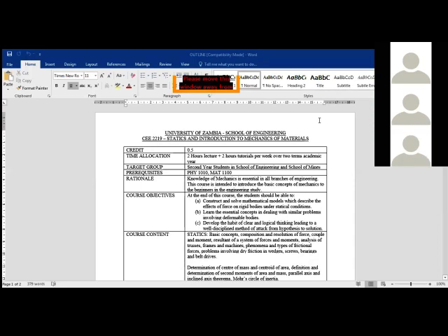From the past history, because of the outbreak of COVID-19, there were serious issues in terms of contact hours. Then from your end, students, you complained concerning money for buying data.